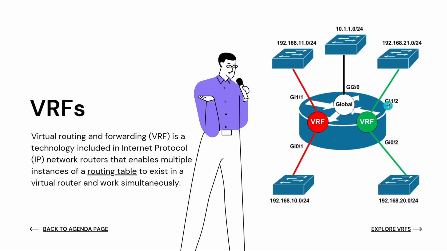You may be wondering: a router has multiple ports, and each of the ports should belong to a different network, so why is this the same network, like 192.168.11.0/24, 10.0/24, 20.0/24? Why is it the same network? That is possible due to VRF. So let's explore VRF a little bit more.